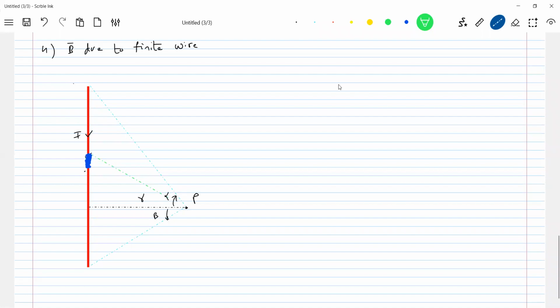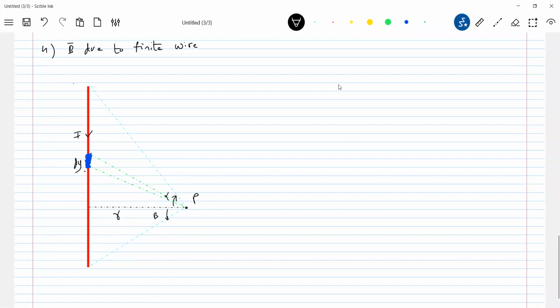This particular thing will subtend an angle. Okay, let this be dy. So what is the current element? Current element will be I dy.